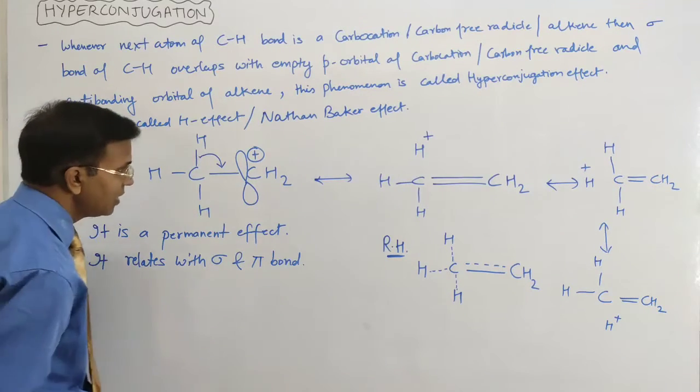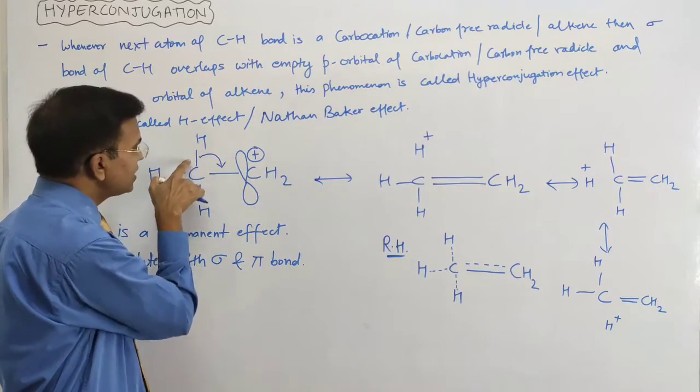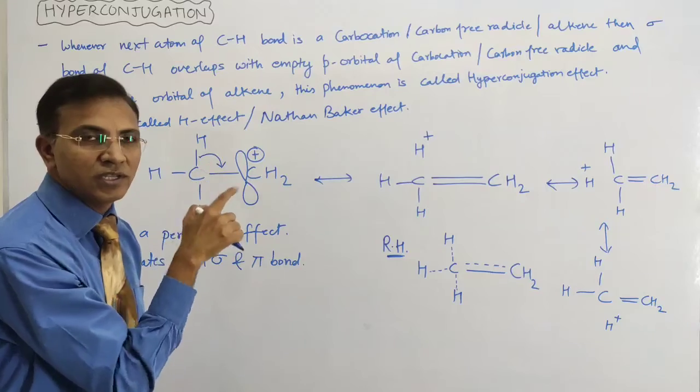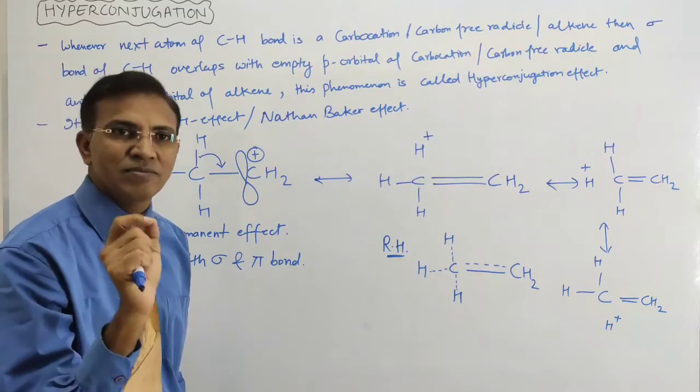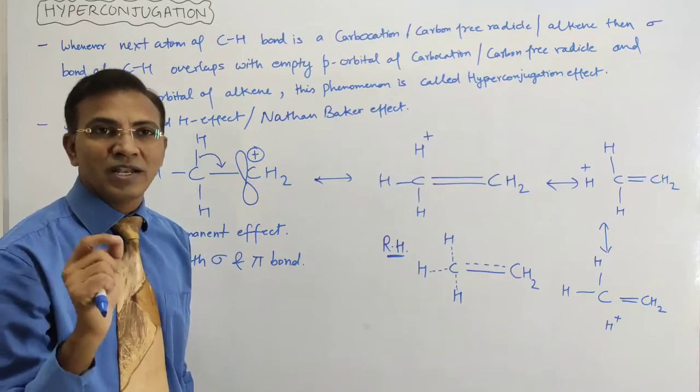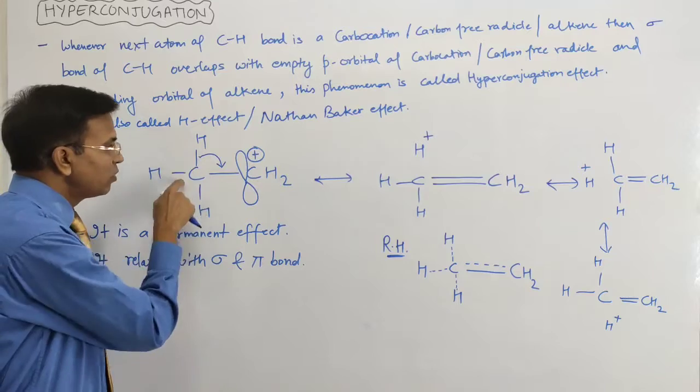Now next, in this hyperconjugation we have to break the CH sigma bond. Because of breaking the CH bond, it needs some energy. So some energy must be provided to the species to break the CH bond first.